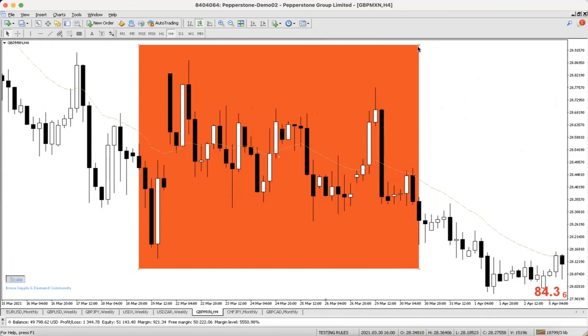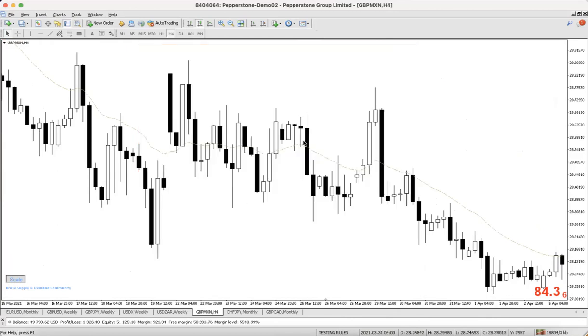Let's look at an example here. Mostly gaps are formed on Sunday, or we can say on Monday when the market opens. So for example, on this particular day, the market closed here, and then after that the market made a zone here.